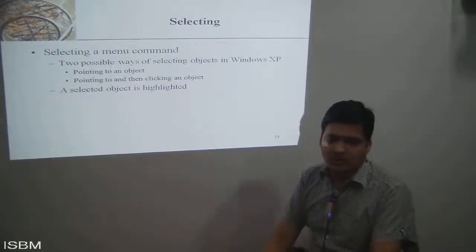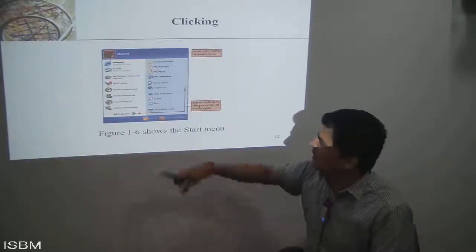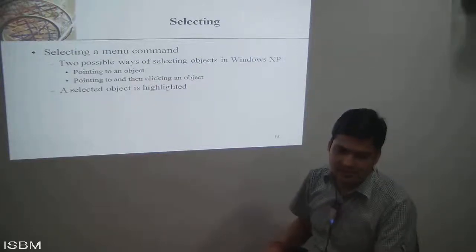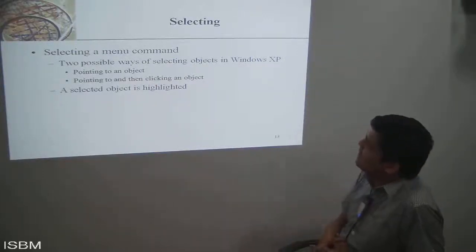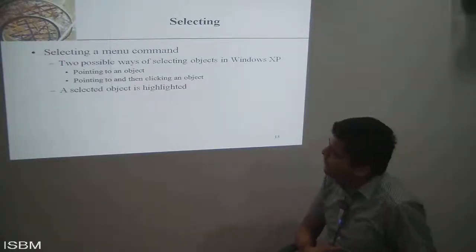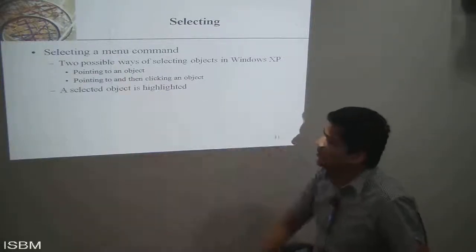Then selecting a menu command. This is the option for select, just like this. This is the option for menu. If you want to select something over here, you can select from here. Selecting a menu command: two possible ways of selecting an object in Windows XP. Pointing to an object, or pointing to an object and then clicking on the object.